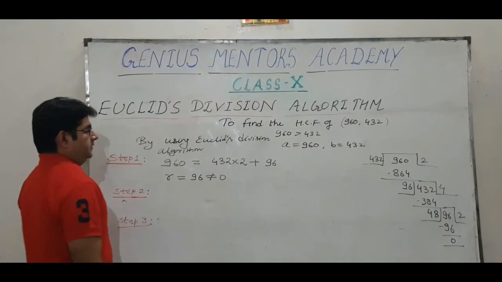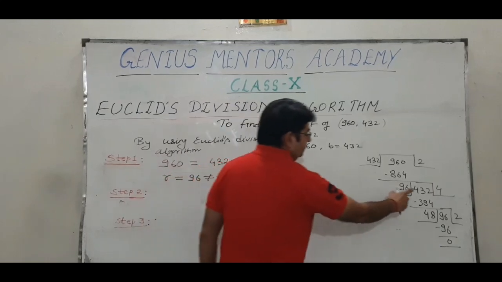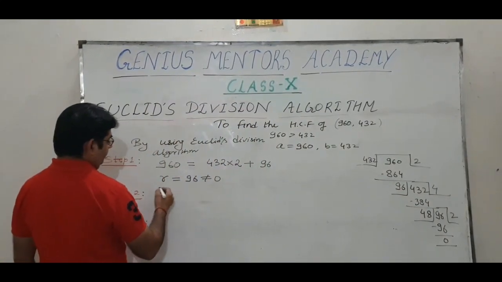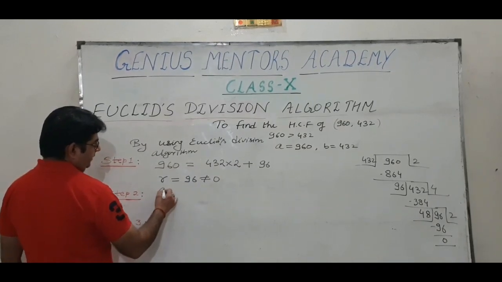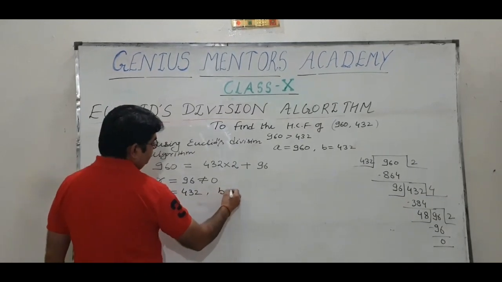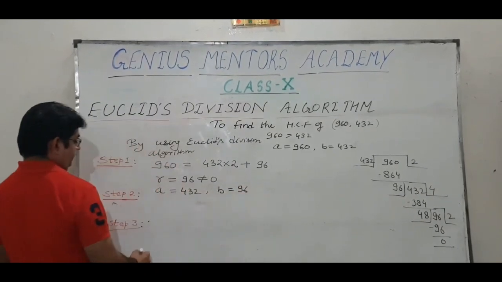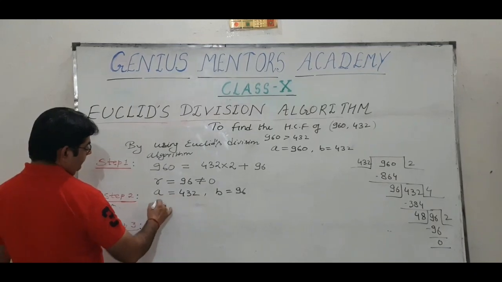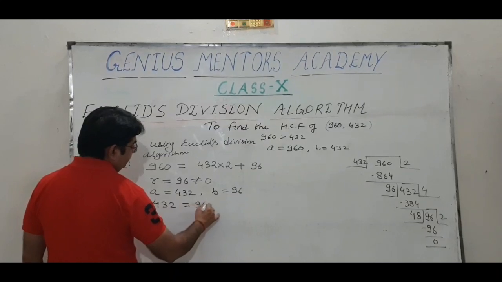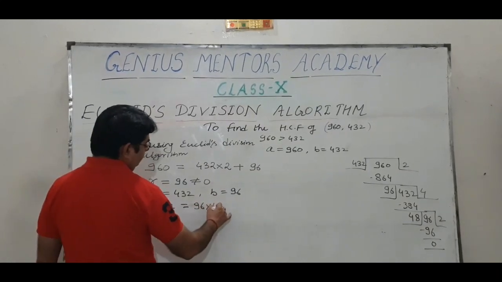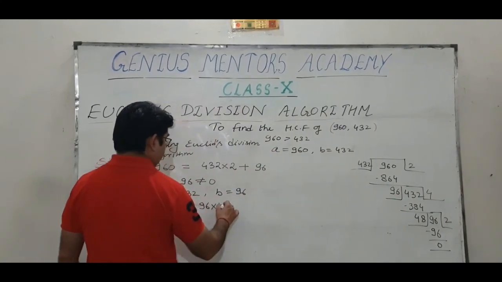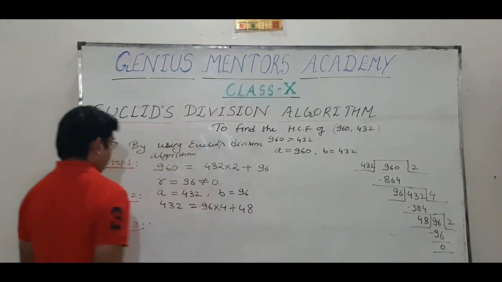So now in the second step, 432 is dividend and 96 is divisor. In the second step, 432 is equal to 96 multiplied by 4 plus remainder 48.